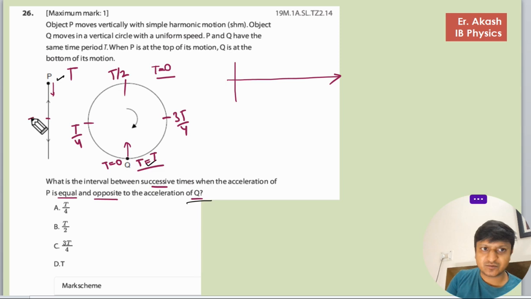So it comes down to T by 4 at this position, T by 2, and then it goes back, 3T by 4, and it will complete the circle at T. So it will move like this.